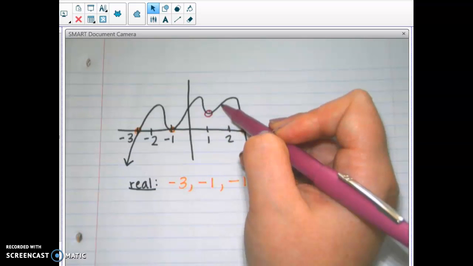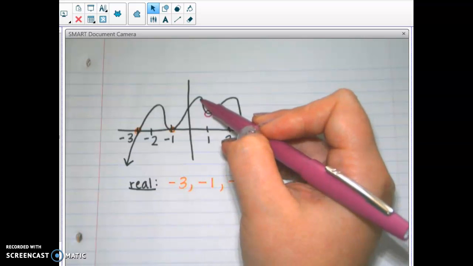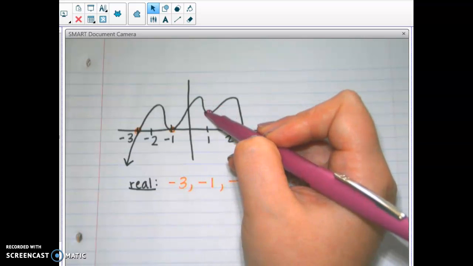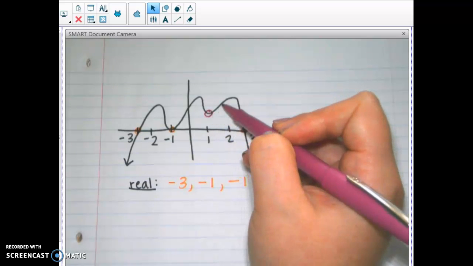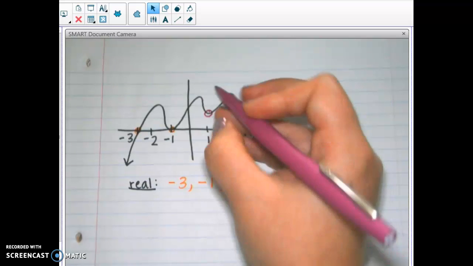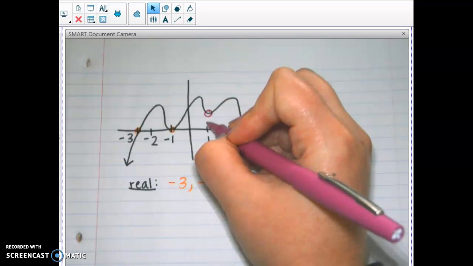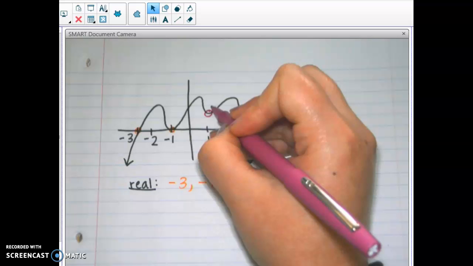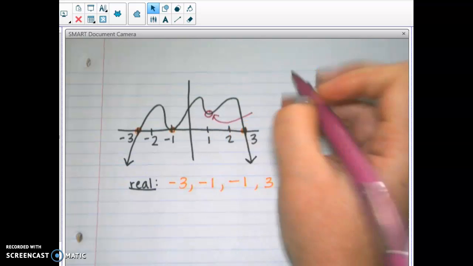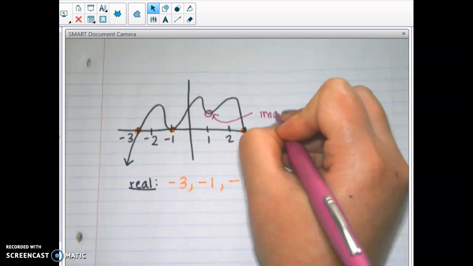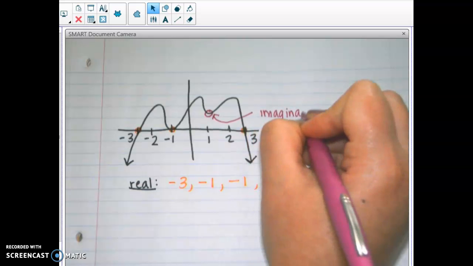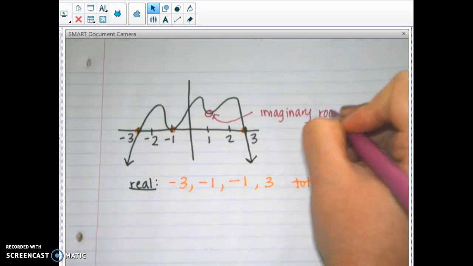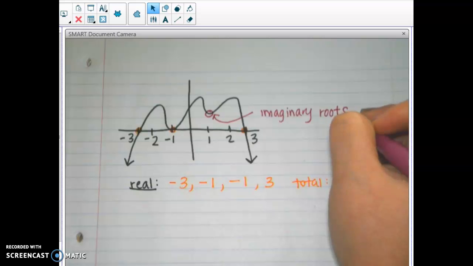That parabola shape where it's going down, but it doesn't make it to the x-axis, and then it goes back up. The fact that it went down but did not reach the x-axis, this turning point, means you have some imaginary roots, and it will make that parabola shape.